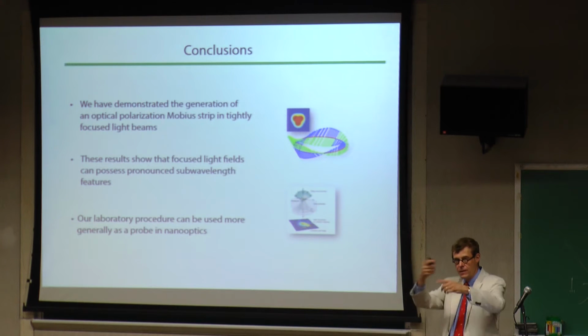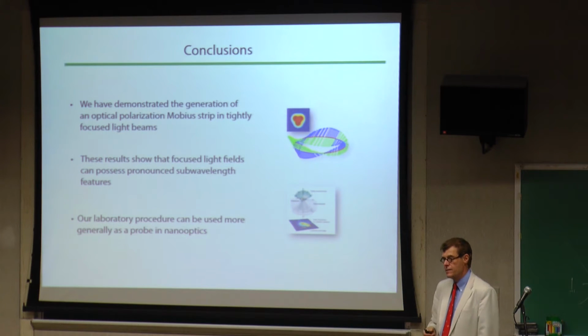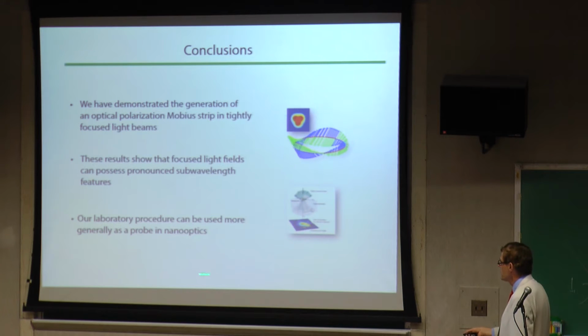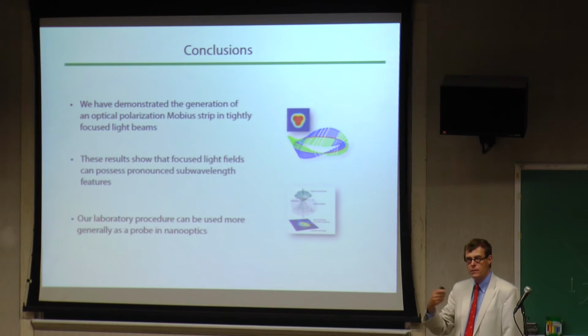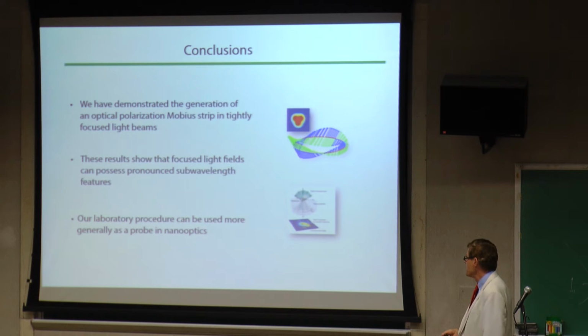But I think our community realizes that there are pronounced sub-wavelength structures in the focal region of a tightly focused laser beam. And perhaps most significant, especially the Lohmann group, has developed laboratory procedures that can be used to probe this sub-wavelength structure of these laser beams.